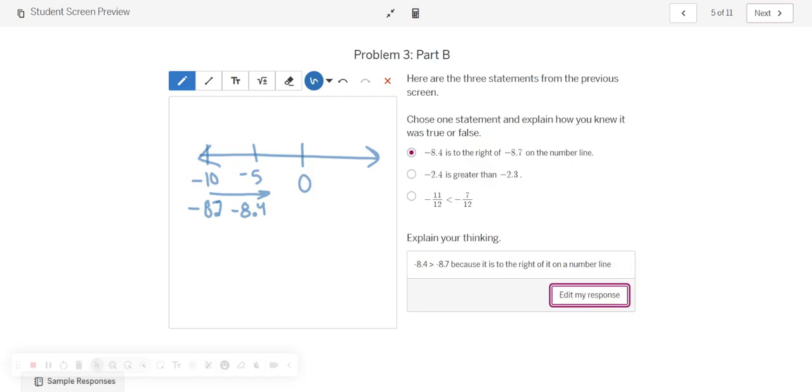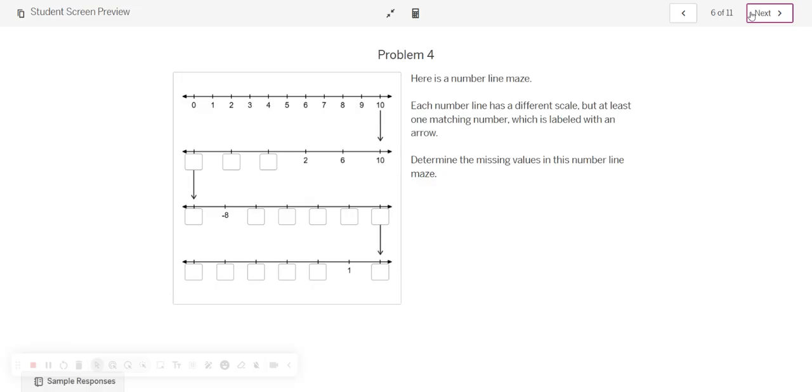Okay, next one. Okay, so it's saying you go across the number line 10, it drops down, then 10 to 6 to 2. Those are going down by 4 each time, so the next one will be -2, -6, and then finally -10, which makes that one -10, -10, -8, -6, oh my gosh, -4.